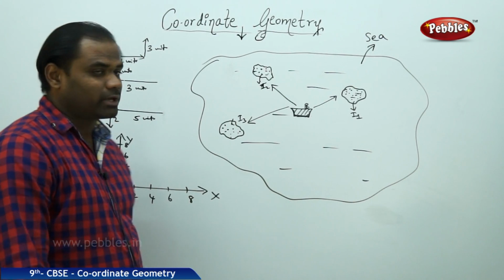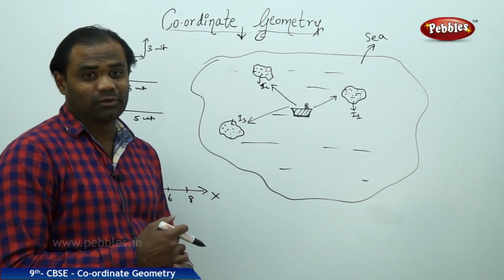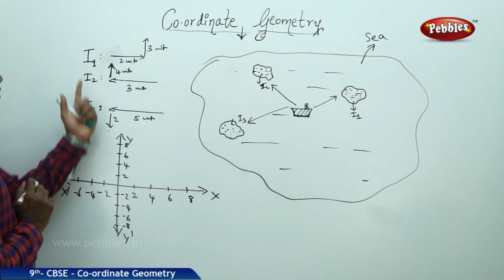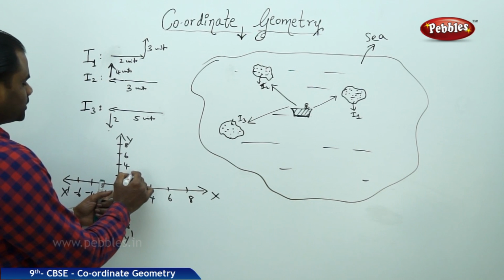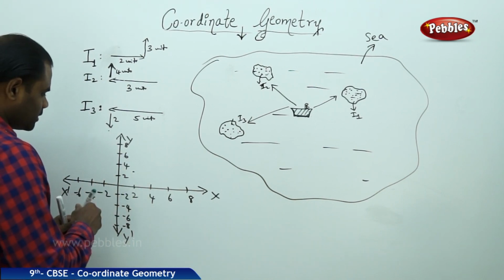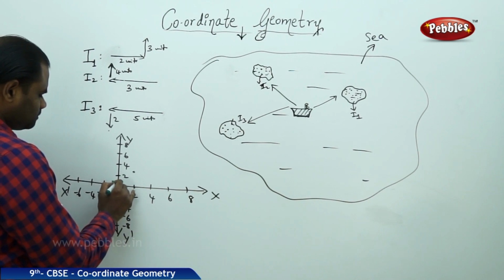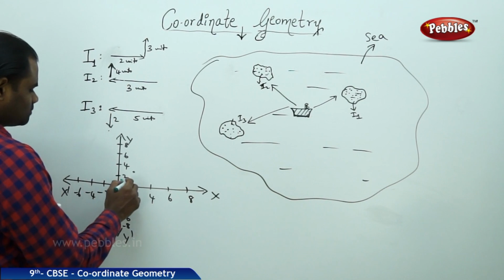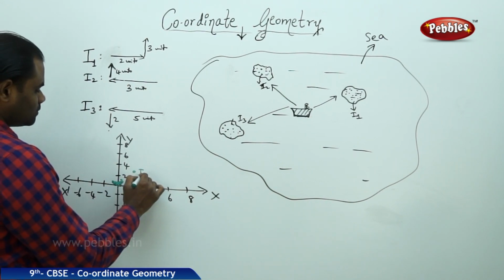And let me locate the first point which the ship can reach, island 1. For reaching island 1, the ship has to move 2 units right and 3 units up. So here is where the destination of the ship is, towards island 1.